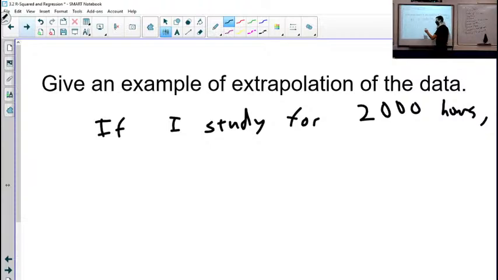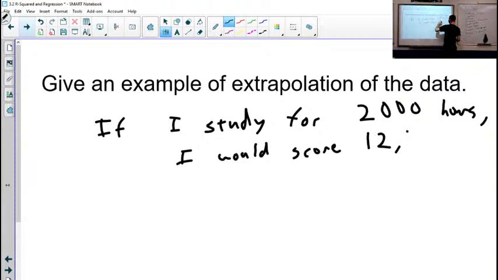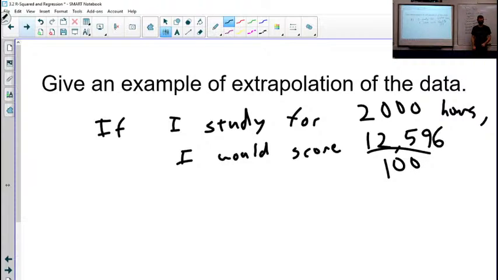Remember, the score is out of 100. So what's our score out of 100 when I plug in 2,000? We talked about yesterday, we should be putting y1 of 2,000. 12,596.469. Out of 100? Probably not. So be careful when making assumptions outside of the range of data.